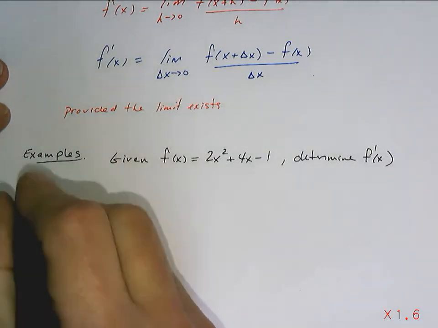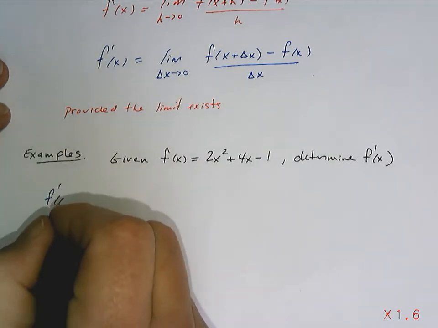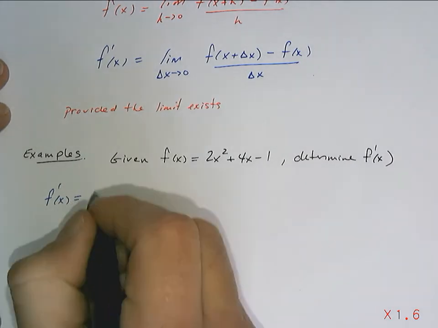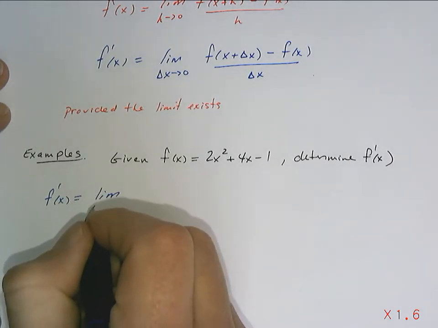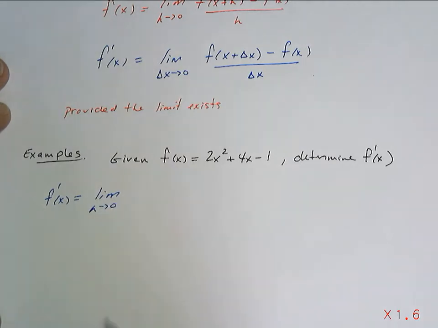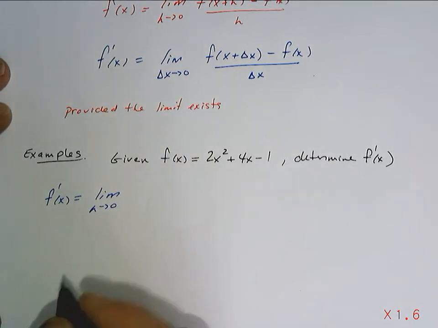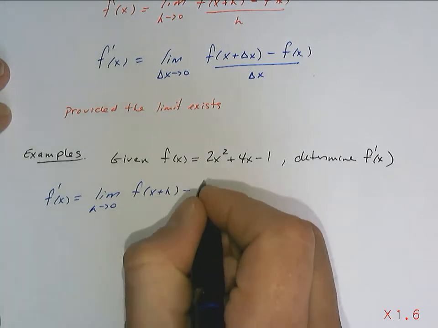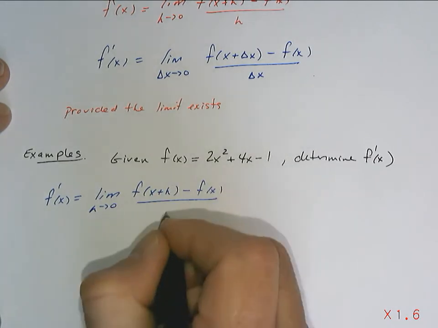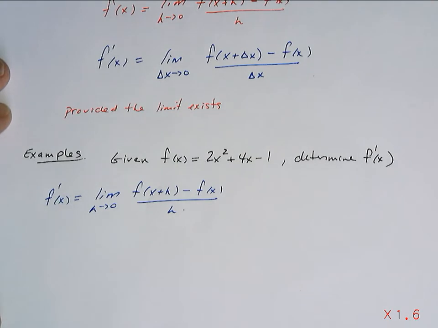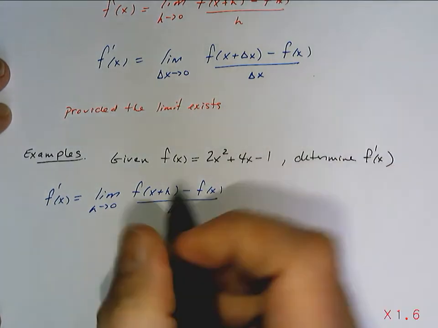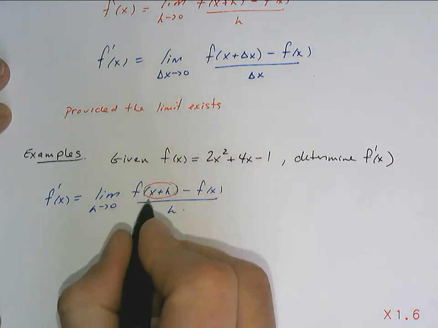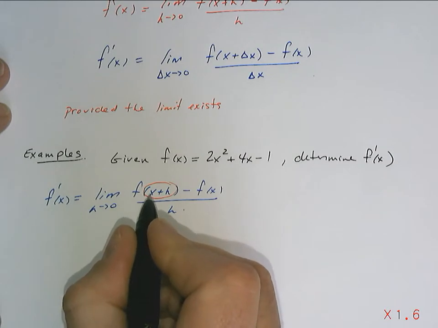What you would do is you would write f prime of x equals the limit as h approaches 0. I'm just comfortable using h's, so I'll continue. f of x plus h minus f of x all over top of h. Now the difference here is that we're not taking it at a specific point. That x value is not a number now.